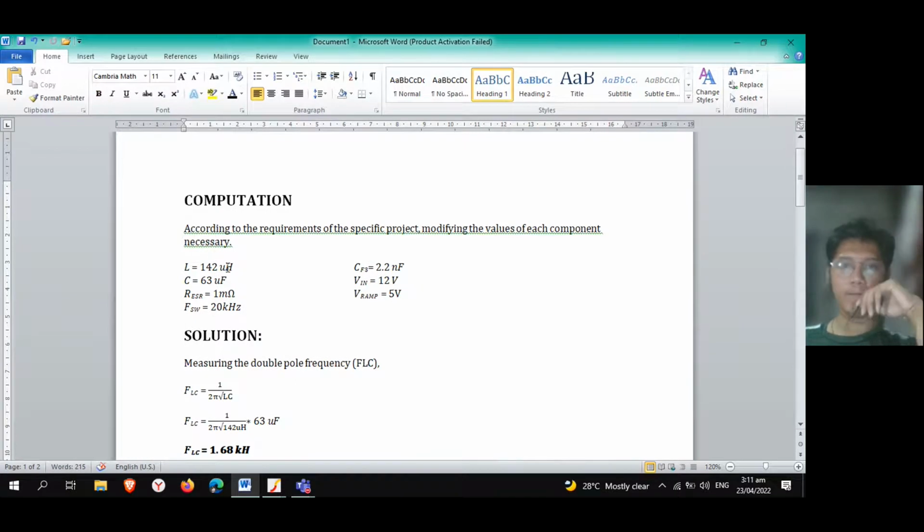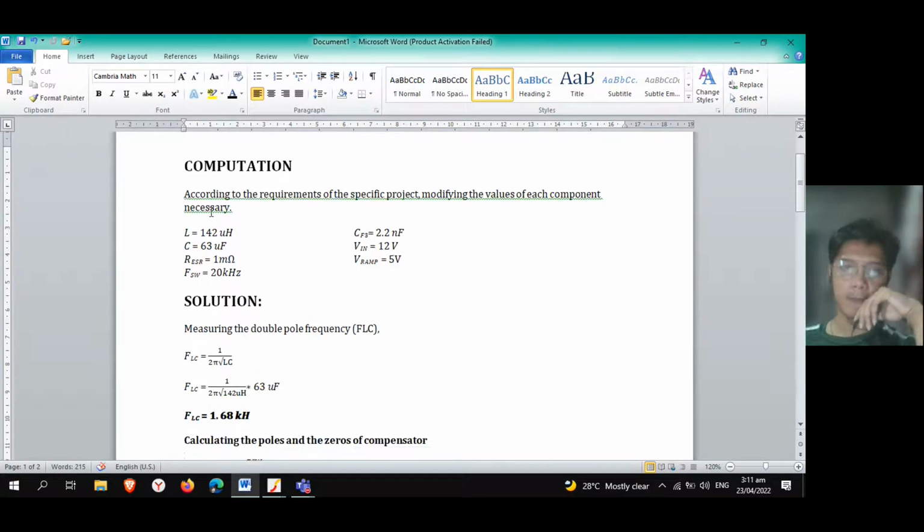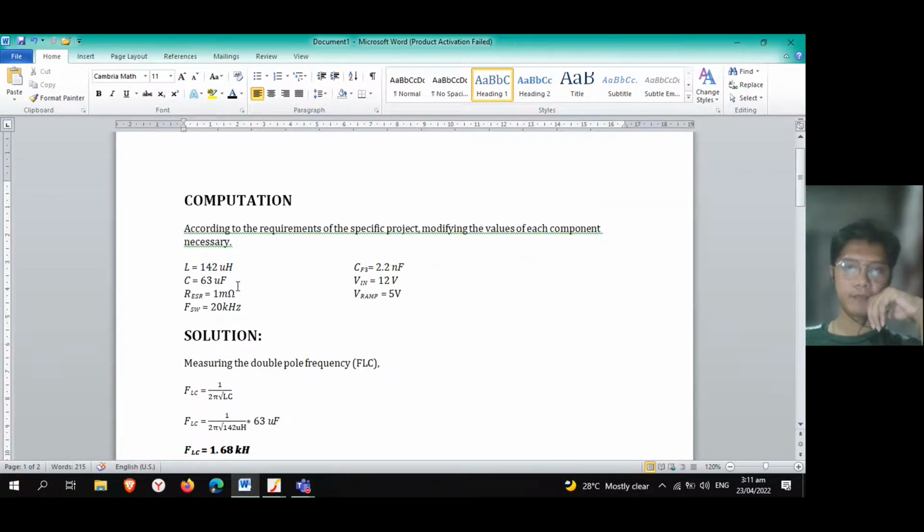For the computation, according to the requirements of the specific project, the values of each component were modified. The inductor value is 142 microhenry, the capacitor is 63 microfarad, RESR is 1 microohm, and FSW is 20 kHz. CF3 is 2.2 nanofarad.